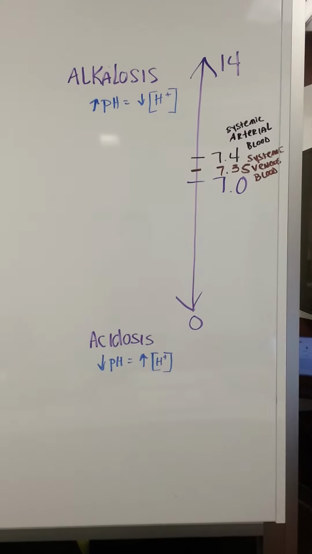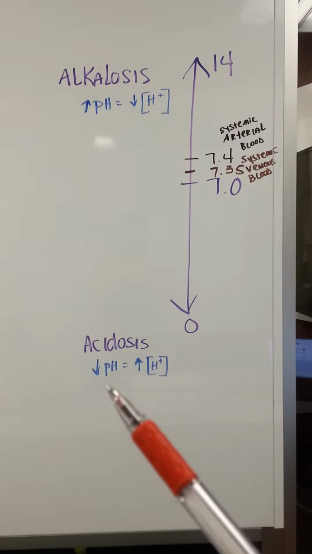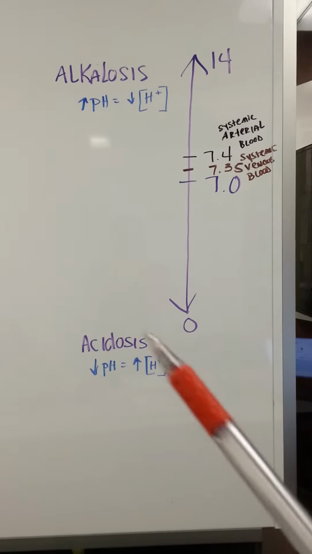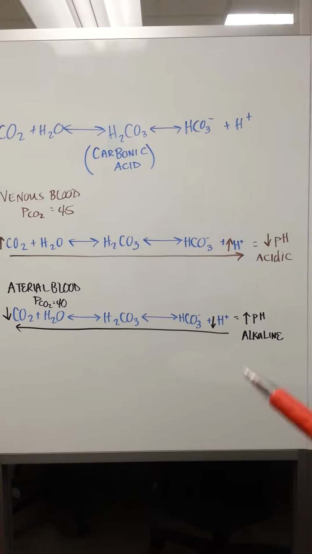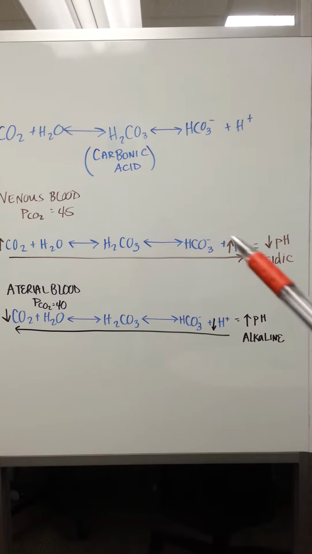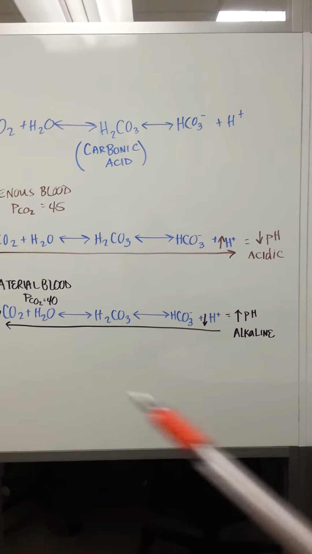Again, with the pH scale, increase in hydrogen means a decrease in pH, and it's acidosis. It's very acidic.